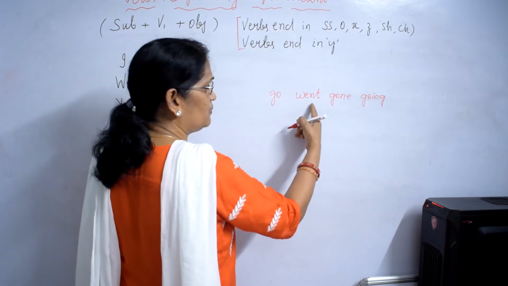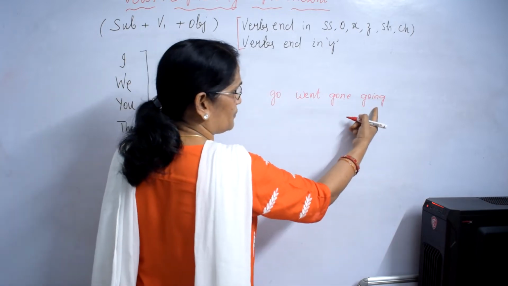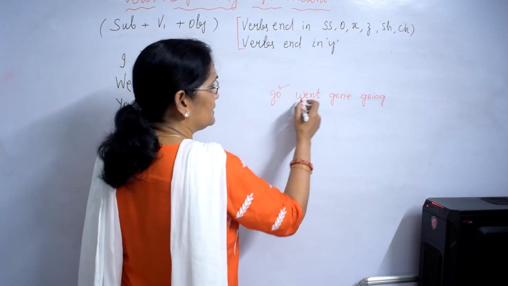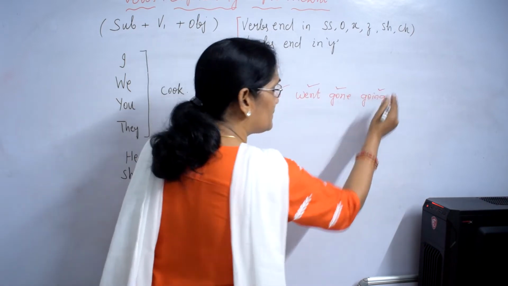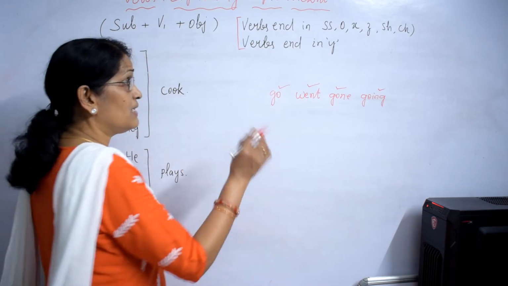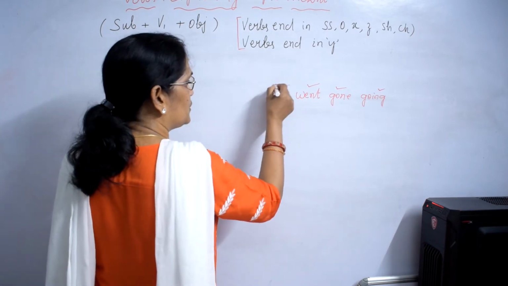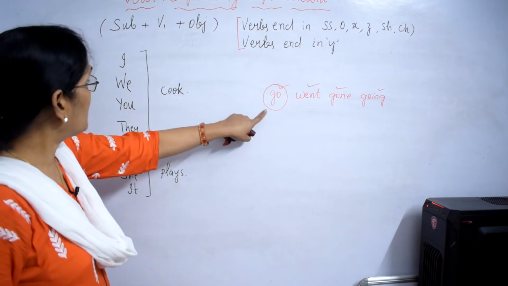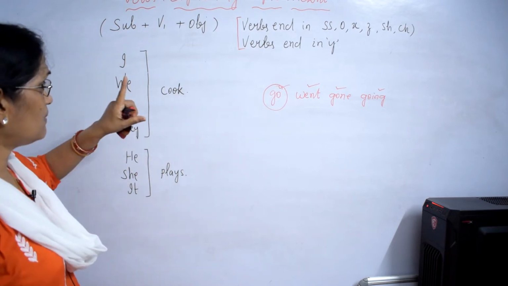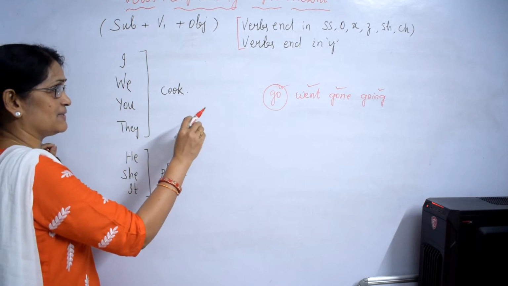V1, V2, V3, V4. This is present, this is past form, this one is past participle, this one present participle. For simple present, we use the base form of a verb.